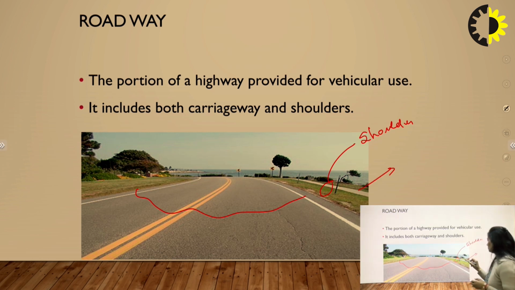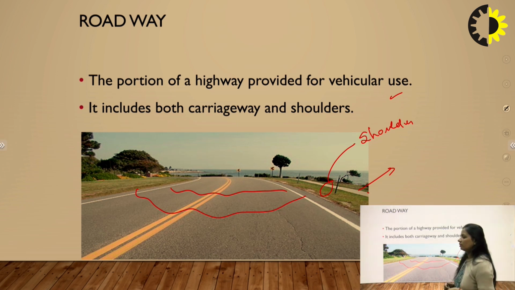Here you can see there is another road going this way. This maybe you can say is an extra road for cyclists or pedestrians. Okay, the roadway is the portion of the highway provided for vehicle use. You can see this particular portion is for vehicular use. It includes both carriageway and shoulders.